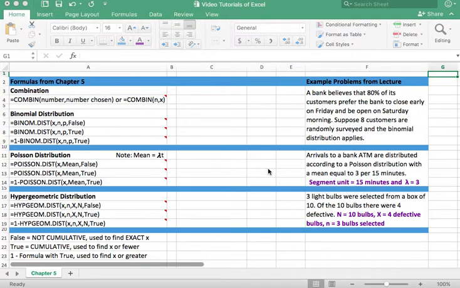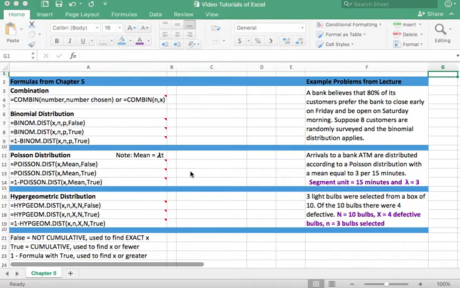Note that when we're working with the Poisson distribution, we also have to figure out our mean in order to enter into the formula. This is calculated by taking lambda times t, where t is the number of segments that we're dealing with. Here on the left, we have actually 3 formulas that will let us figure out the probabilities for a variety of scenarios.